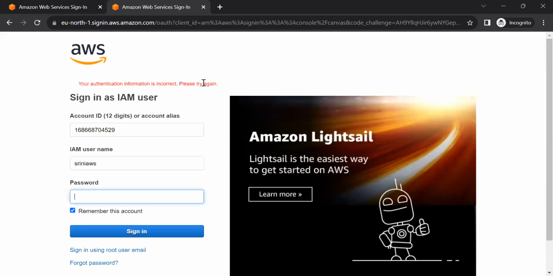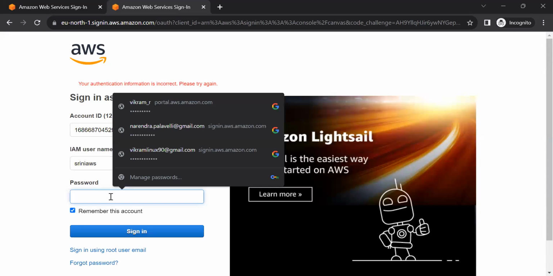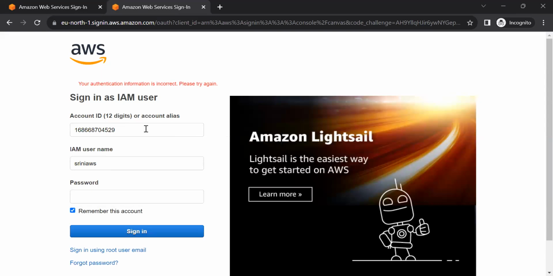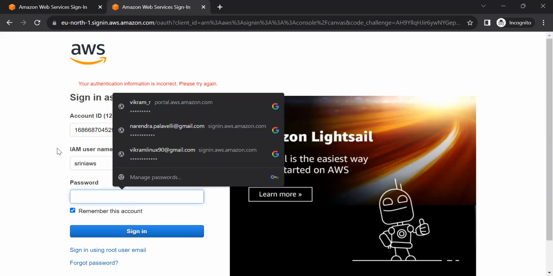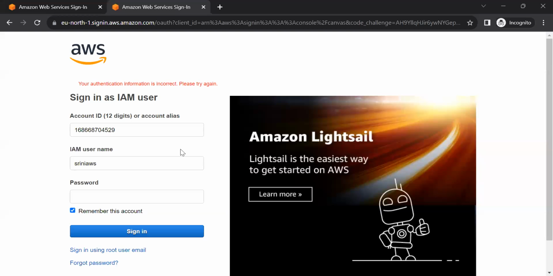Your authentication information is incorrect, meaning they would be creating IAM users and sending you the information to log into this account. Okay, let me put it this way. One minute, guys, let me log into this.